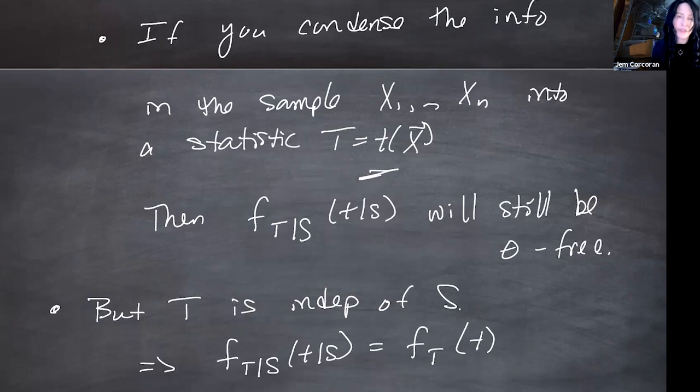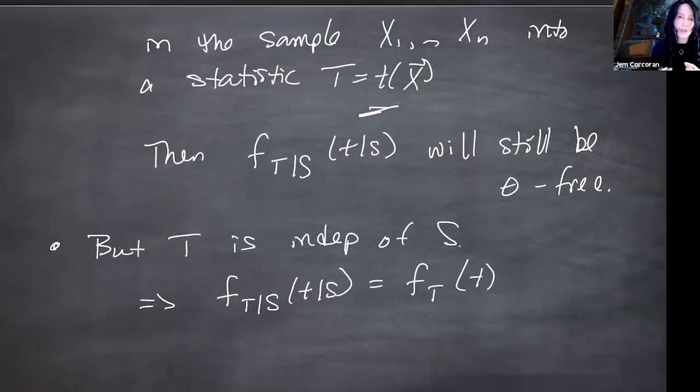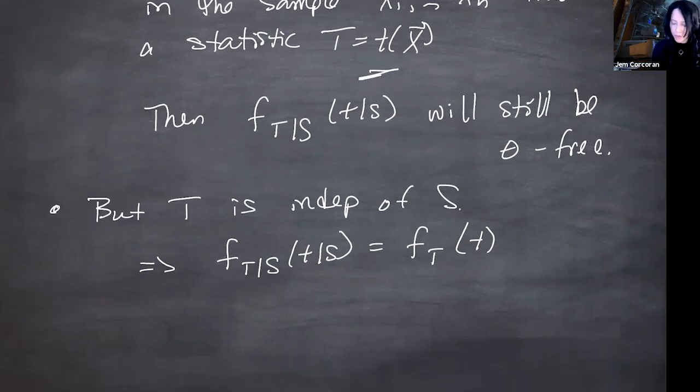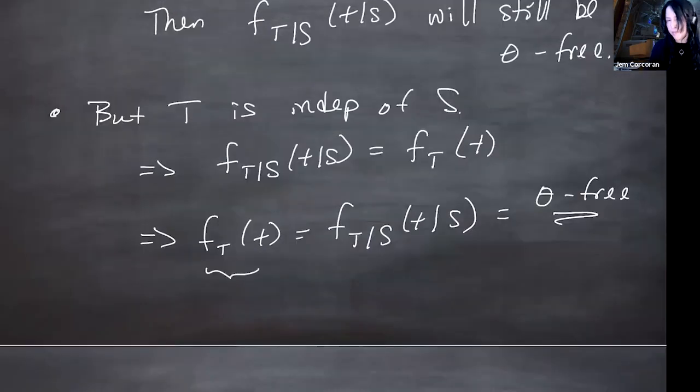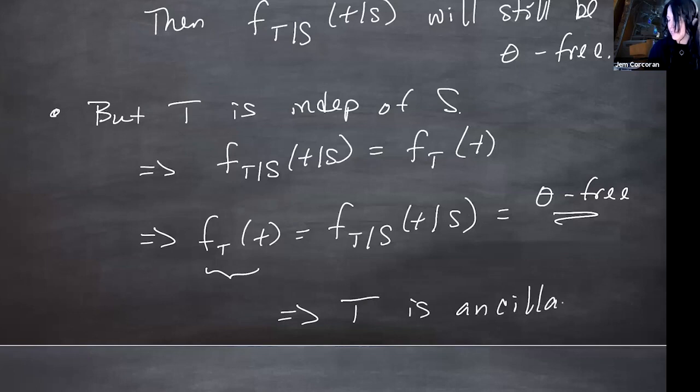That is one way people define independence, through conditional probabilities or conditional PDFs. And so this implies that the PDF for T is equal to this guy, which we know is theta free. So if the PDF for T is theta free, this means that T is ancillary. That is the definition of ancillarity.